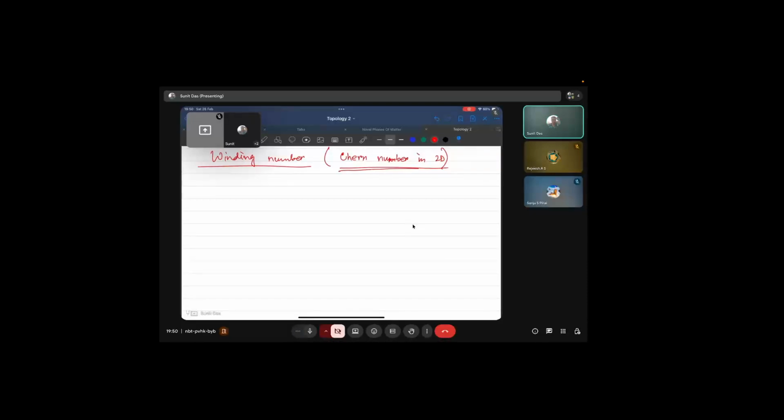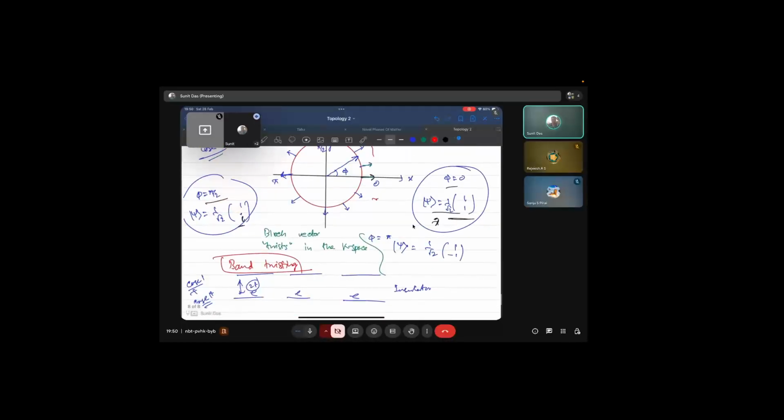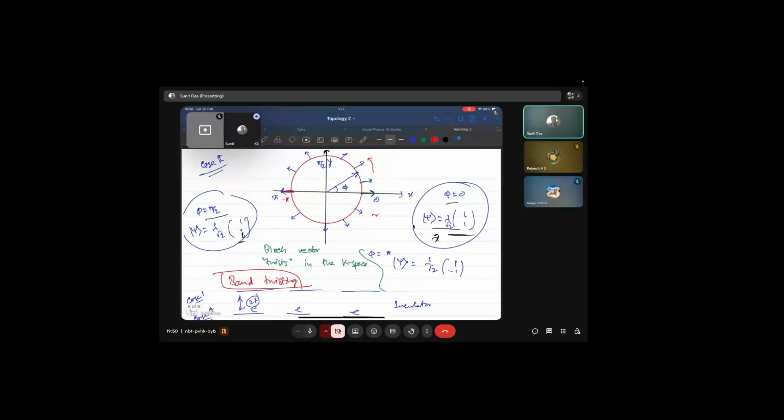Okay, so this winding number is given by an integral from minus pi to pi. Minus pi to pi means, let's say you start from here, you call it minus pi, and then you go through the whole path until plus pi.